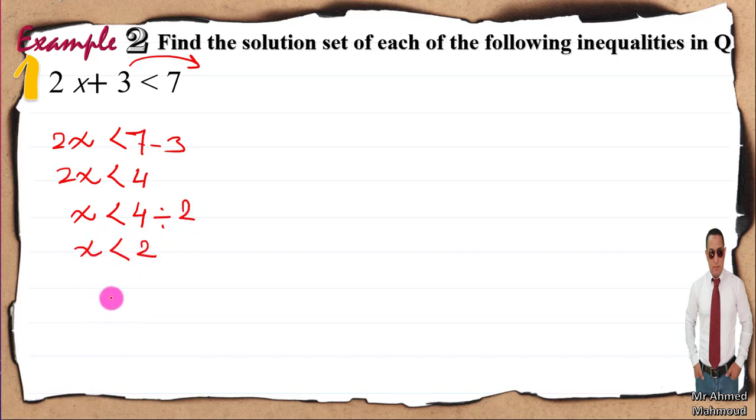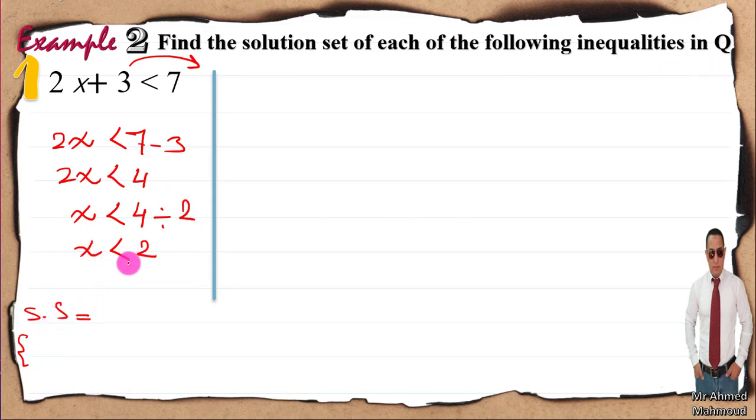Now, the solution set is written in a new form. Because I have rational numbers, I can't write the rational numbers in a listing method.